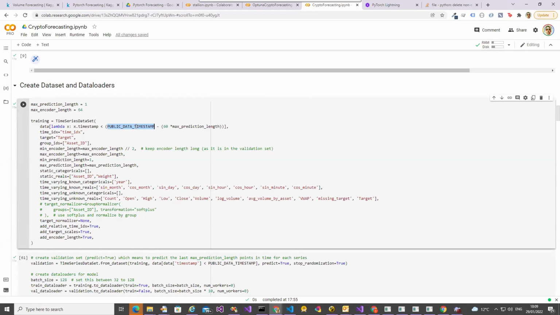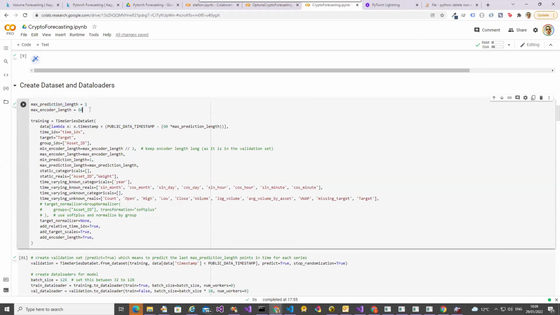I'm taking as the training data all the data before the public test set, and then I'm subtracting. The timestamp is in seconds or whatever. And my prediction is just for the next second, so I'm only predicting one step. That's the one thing I struggled with.